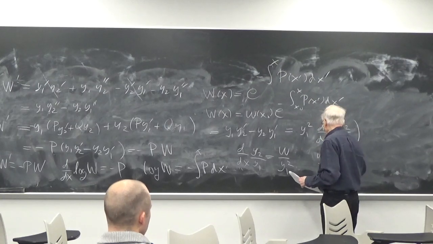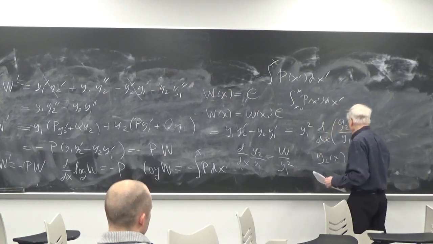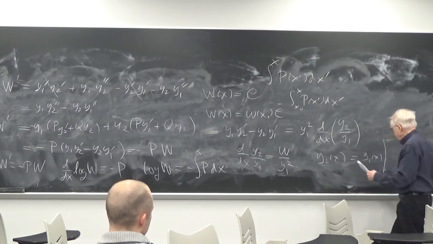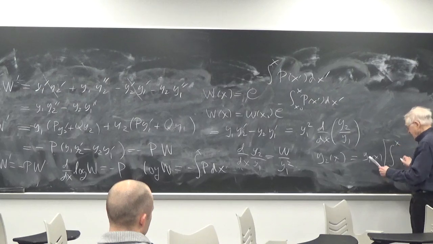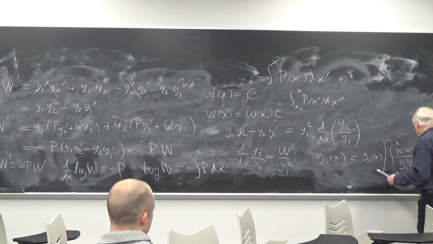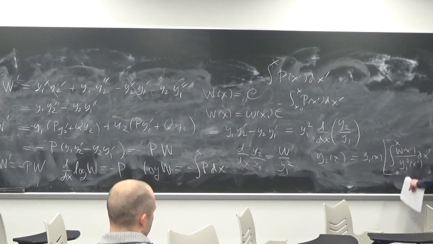It's that y2 of x is equal to y1 of x times an integral up to x of W of x prime over y1 squared of x prime dx prime, plus a constant.